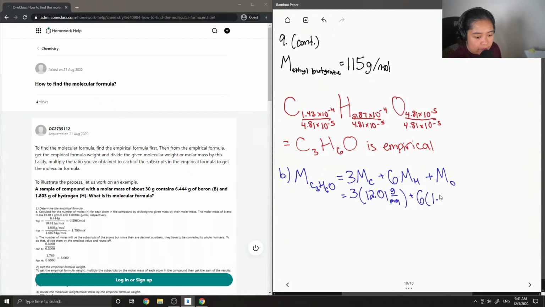Hydrogen is 1.01 grams per mole. And then oxygen is just 15.99 grams per mole. So the molar mass of our empirical formula gives 58 grams per mole.